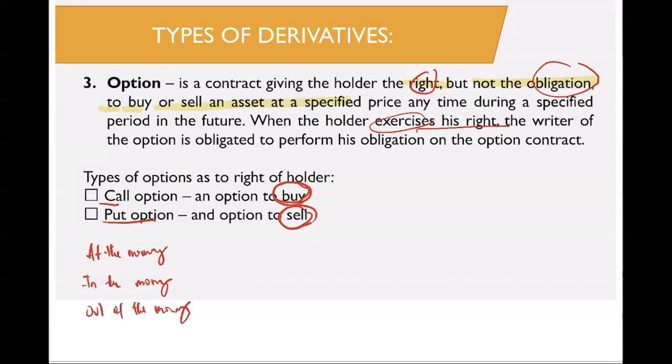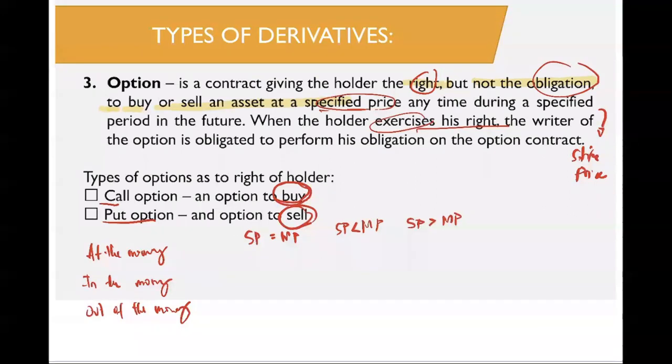So normally, the specified price is known as your strike price, right? The specified price is your strike price. So what we compare here is your strike price. If the strike price is equal to your market price, or your strike price is lesser than your market price, or your strike price is greater than your market price.